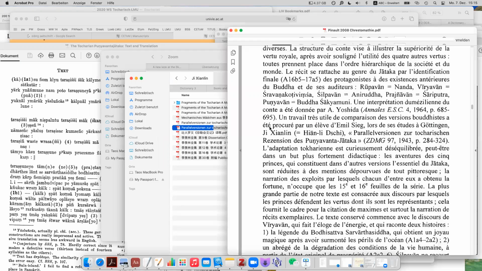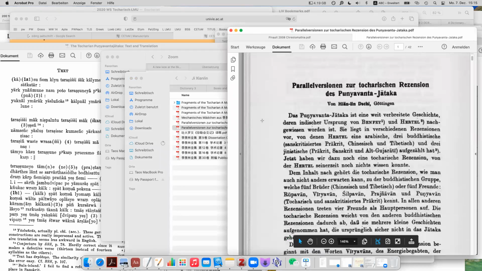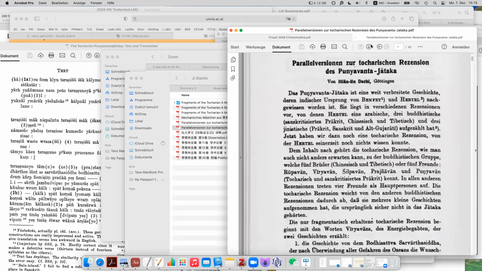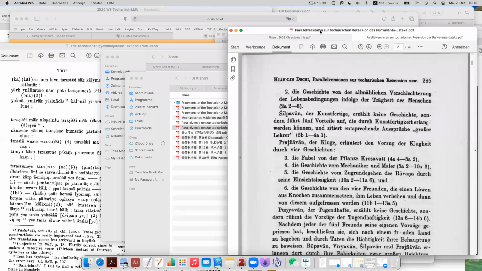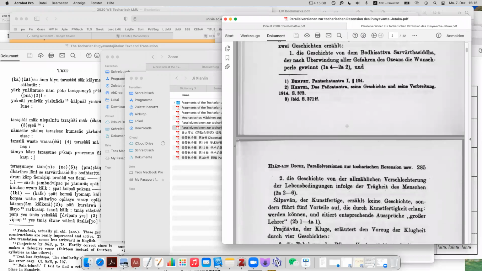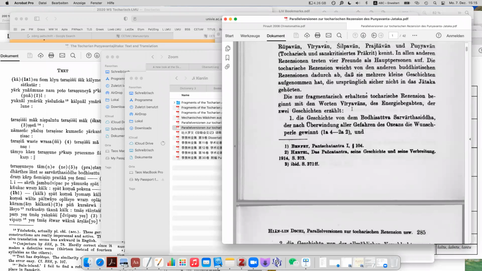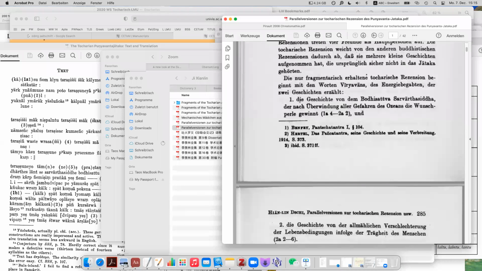This paper is called Parallelversionen zur Tocharischen Rezension des Punyavanta Jataka. Here is a short introduction of the stories contained in the Tocharian versions. First story is about the Bodhisattva Sarvatasida.